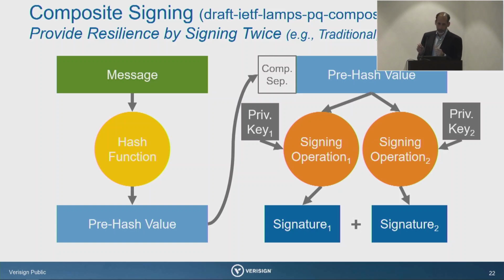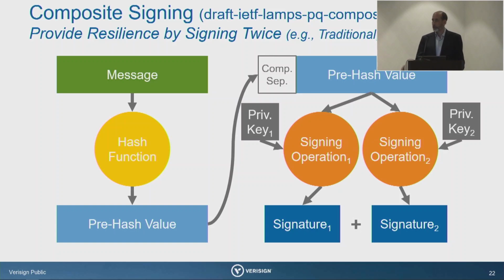But to commit to that particular pre-hashing and combination of signing operations, there'll be a composite separator prepended to the pre-hash value. So that composite separator will make clear we did this hashing beforehand and we're going to do these underlying signing operations afterwards. So if there was something different, then we get different values going. And there's no ambiguity about what was meant by the signer in combining these two things.